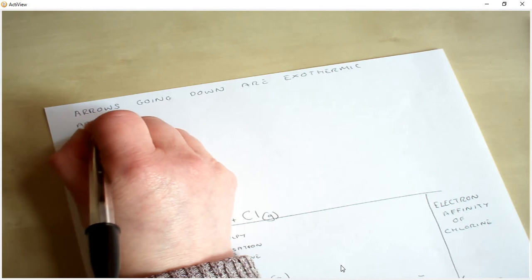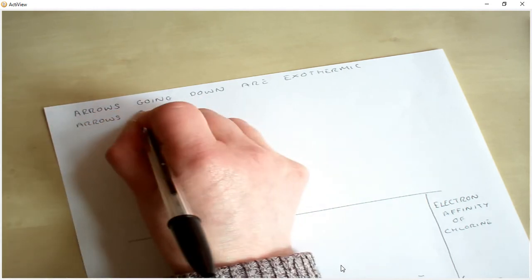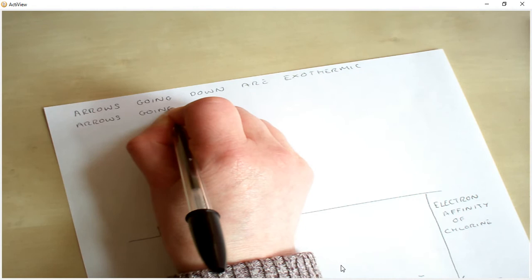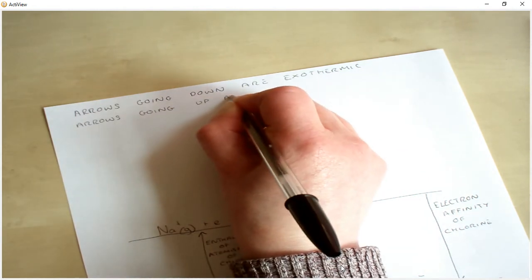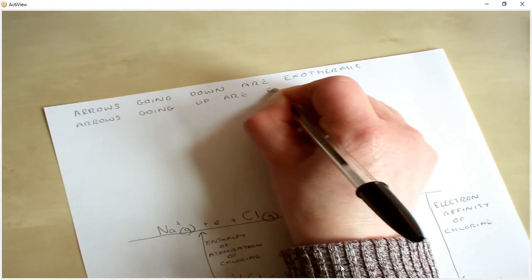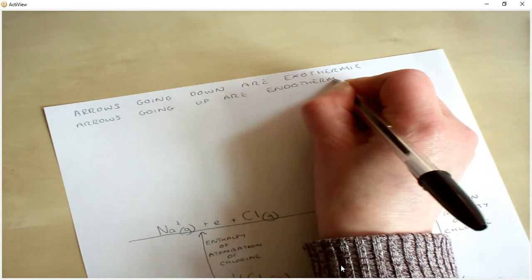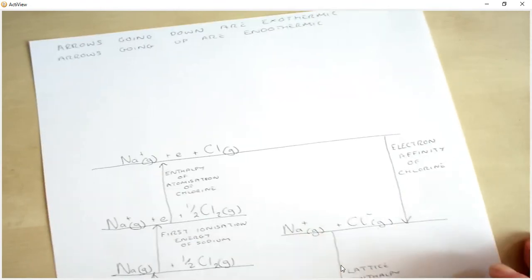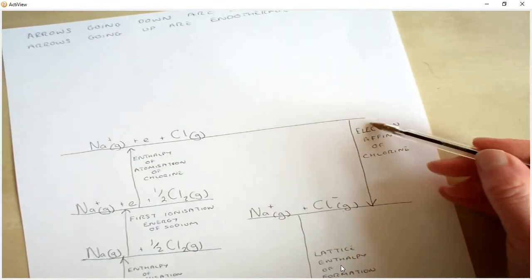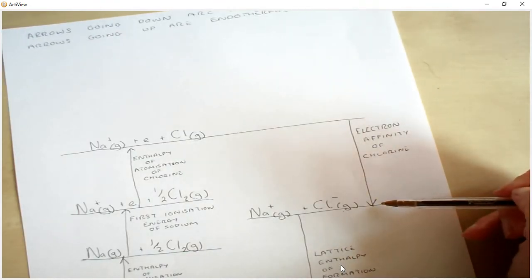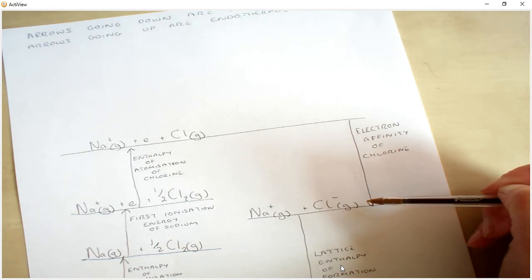Arrows going up are endothermic. So you can see here electron affinities. The first electron affinity is always exothermic because you're forming a bond between the electron and the positive nucleus.